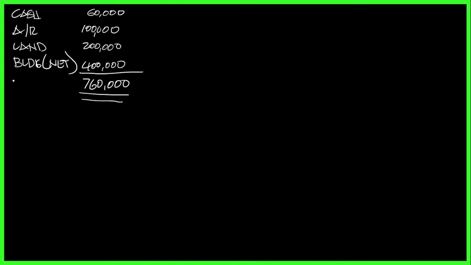So for example, cash is 60,000. Your accounts receivable is 100,000. Your land is 200,000. And then you have a building of 400. So that will be 760 as your total assets.